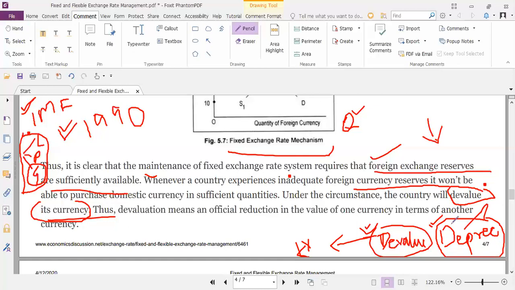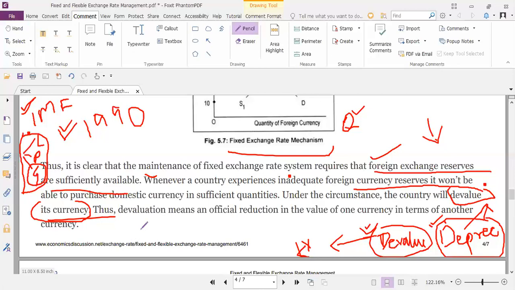That is called depreciation. Depreciation comes under flexible exchange rate, and this is like automatic falling of the value of money. Devalue means intentionally, knowingly, a government is reducing the value of its money in order to promote exports.